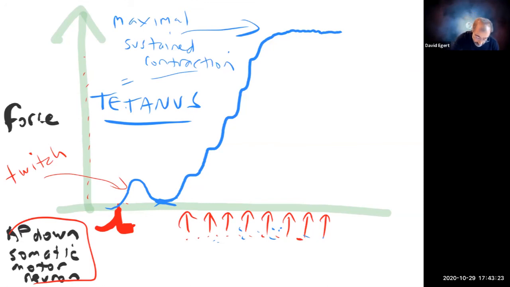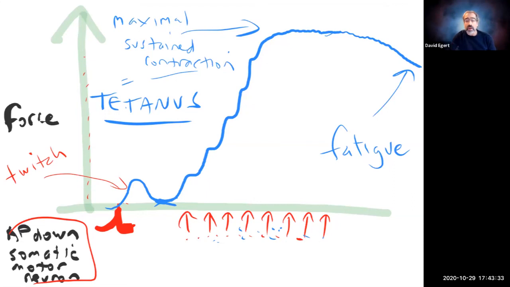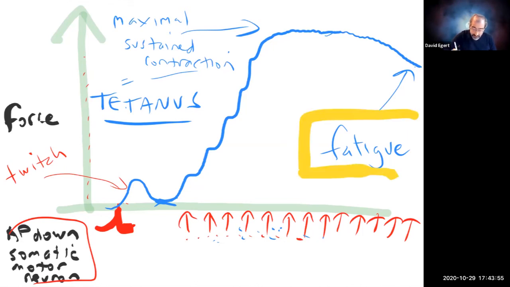If you wait after a while, it starts going down. This is called fatigue. You stop generating force. Even though we keep exciting it, it starts losing the ability to generate force. This is going to be important as well. One of the things I've talked about is how we're still learning something as core to our physiology as fatigue.